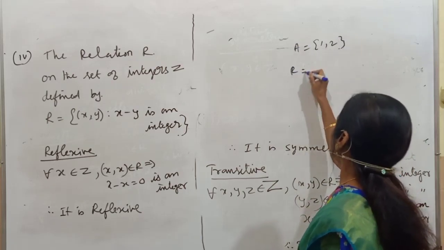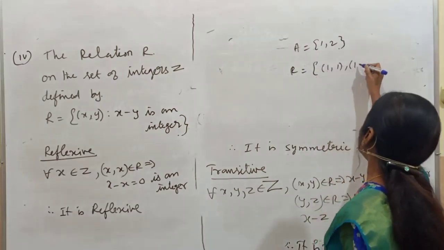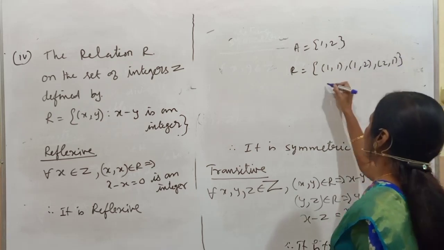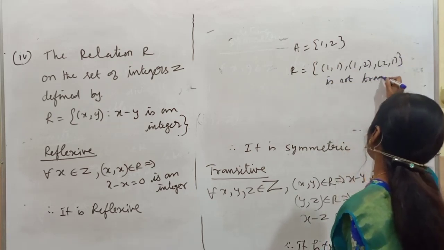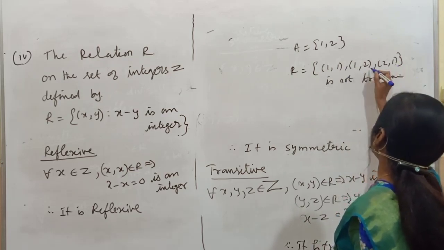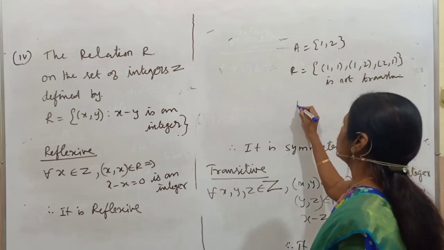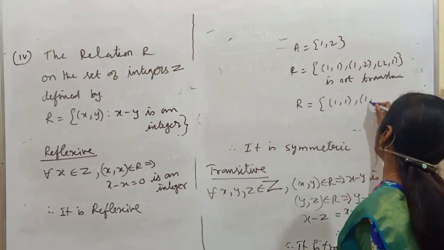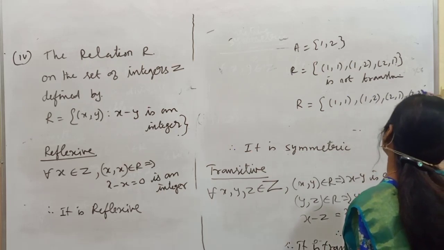So R equal to 1,1; 1,2; 2,1 is not transitive, children. As I told you already, 2,1 belongs to R, 1,2 belongs to R, but 2,2 does not belong to R. So which is transitive? You will say 1,1; 1,2; 2,1 and 2,2 is transitive.